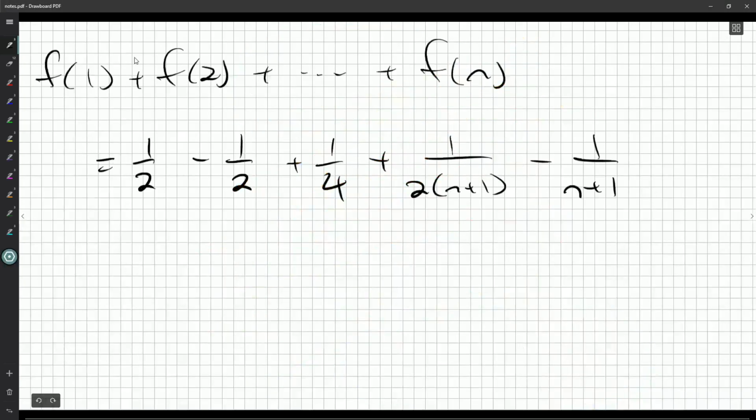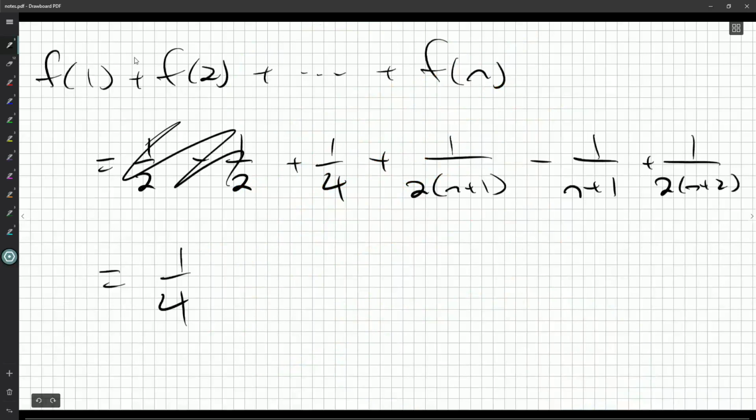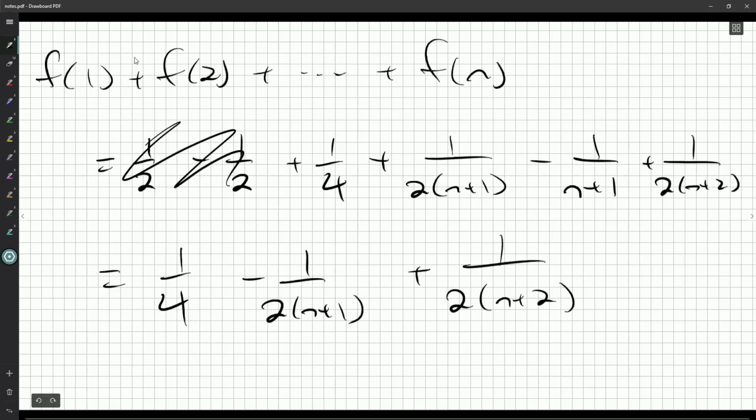Then plus 1 half n plus 2. So those cancel. Part of that will cancel, so we'll get 1 quarter. So a half 1 over n plus 1 minus a full 1 over n plus 1 should be minus a half n plus 1, and then plus 2 n plus 2.